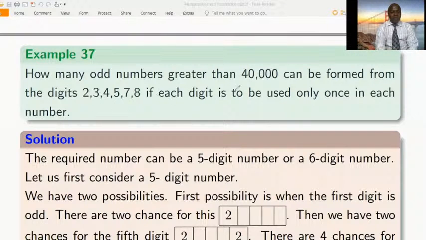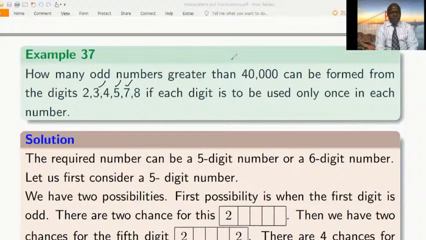Now, for these numbers to be odd, we understand that the last digit must be odd. So the last digit must be 1, 3, or 5. That is very important. So that's how we shall be reasoning.